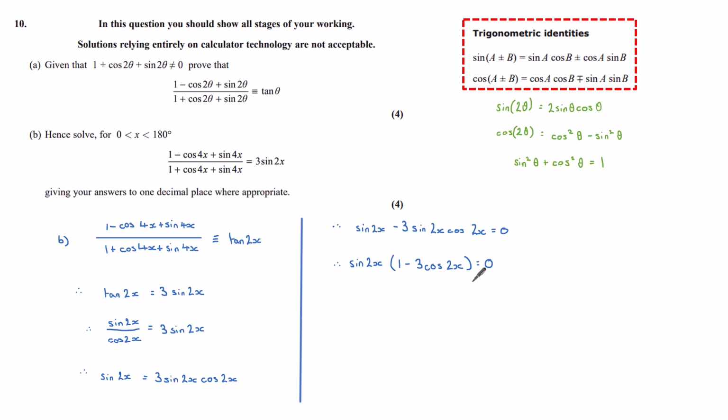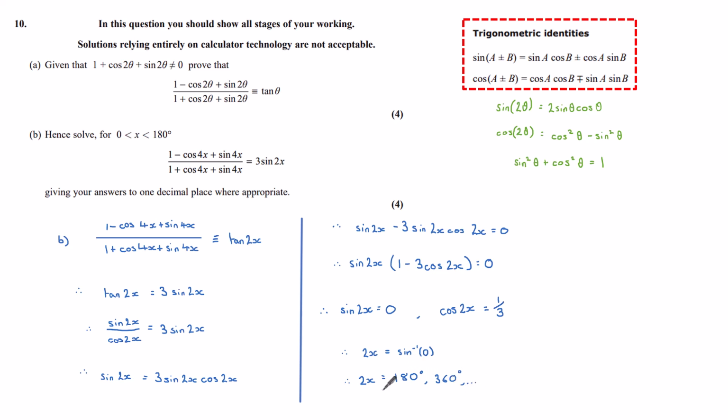Therefore I have two factors to solve. The first being that sine 2x can be equal to 0, and the second being that cos 2x is equal to a third. Solving firstly for the sine 2x is equal to 0, 2x then is equal to sine to the minus 1 of 0. When using the inverse sine function, there are an infinite number of results.